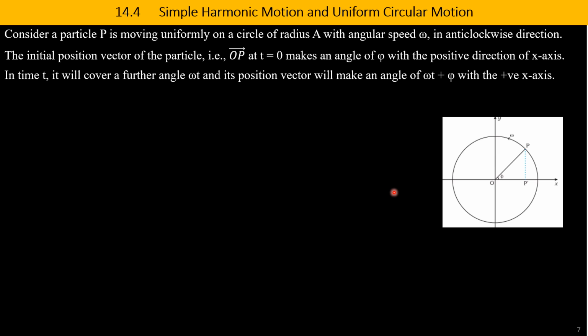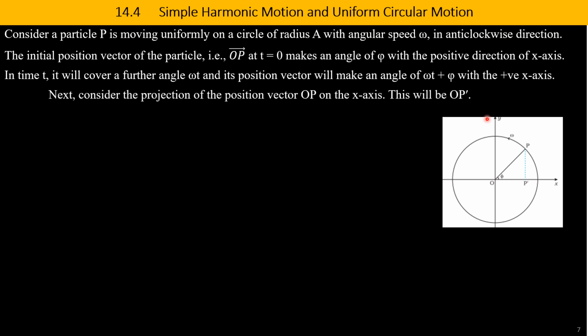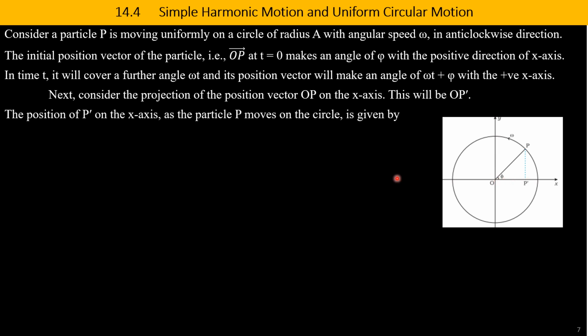In time t, it will cover a further angle omega t and its position vector will make an angle of omega t plus phi with the positive axis. Next, consider the projection of OP on the x-axis. So this will be OP dash. See, this is OP and its projection on the x-axis is plotted as OP dash as shown in the figure.